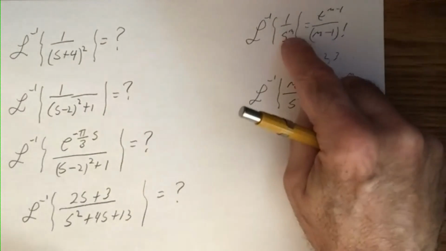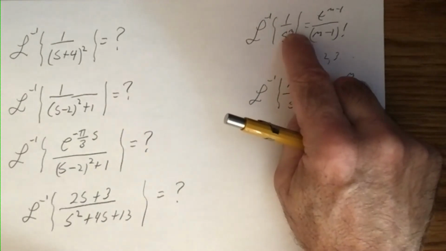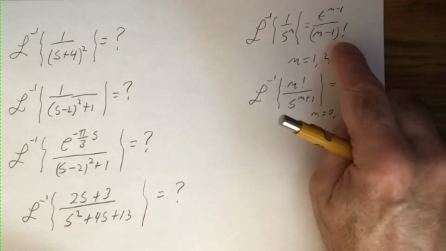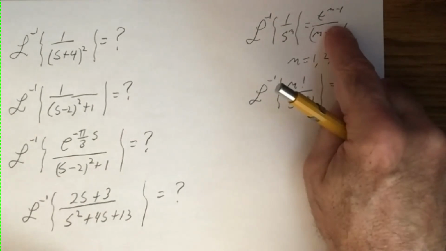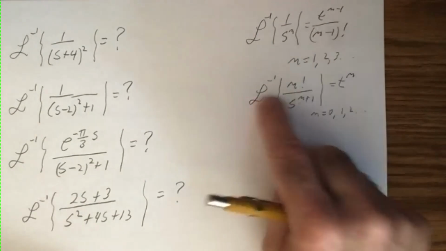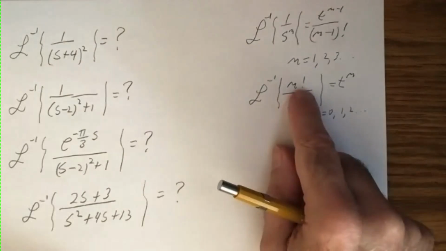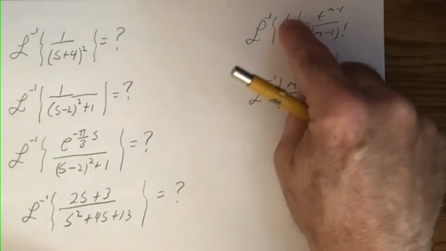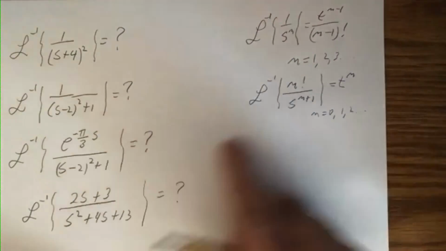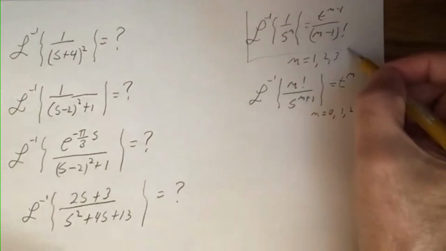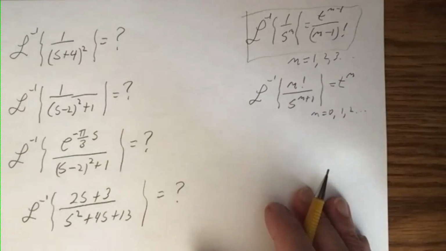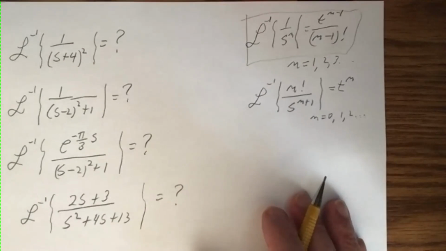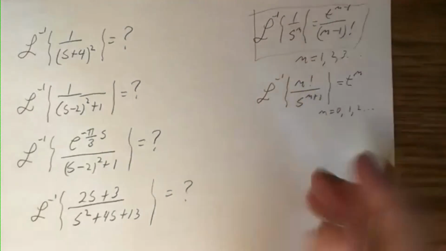Many times in a problem, you're going to see an s raised to the nth power. And I always find it easier to use this form, but you can also use this form. But then you have to figure out, okay, if you don't have an n factorial here, you got to put something down there. So you can also use this. Right, these are both equivalent.